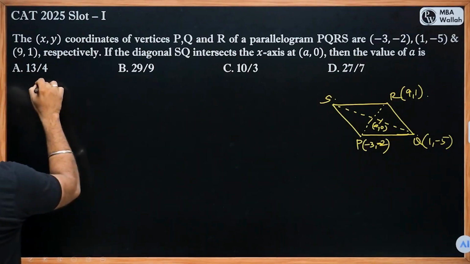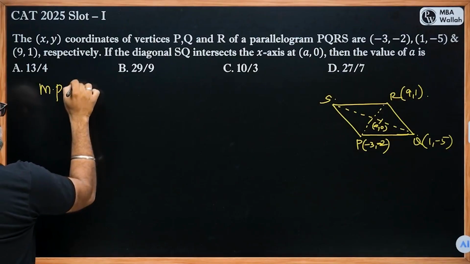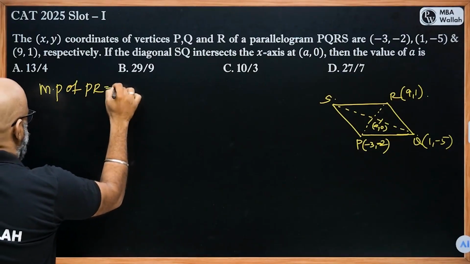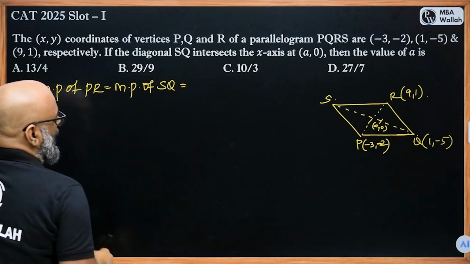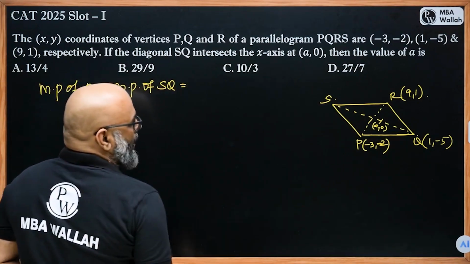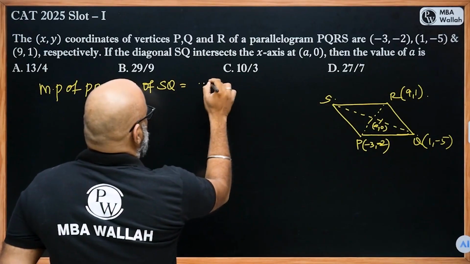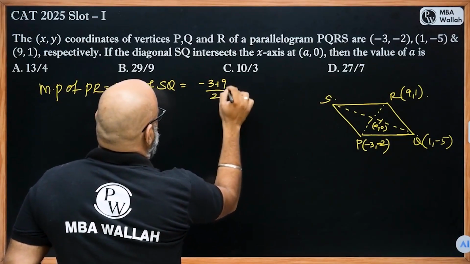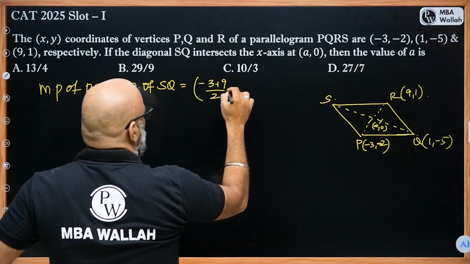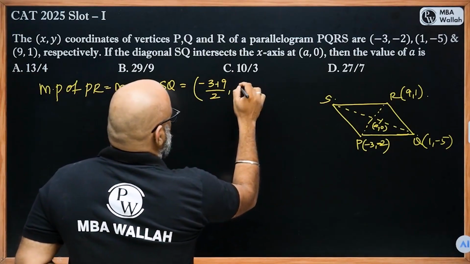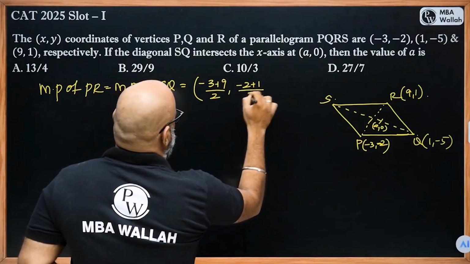So midpoint of PR is equal to midpoint of SQ. That will be the average of the coordinates of x and y: minus 3 plus 9 by 2, comma, minus 2 plus 1 by 2.